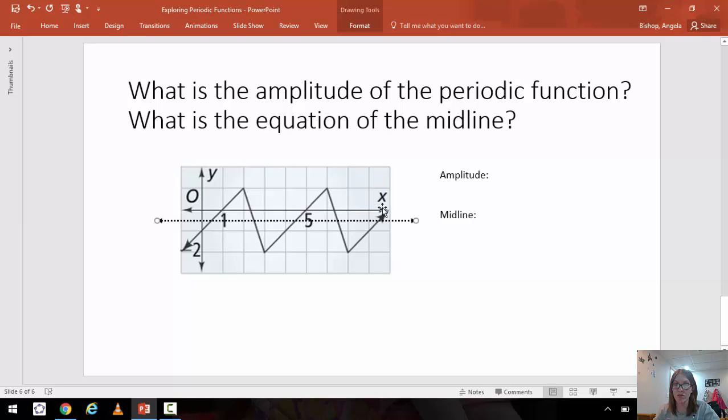That looks pretty good though. So my midline, my y value here, is at -1/2. And since it's a horizontal line, my equation is y equals -1/2.